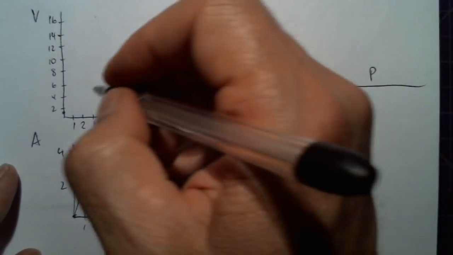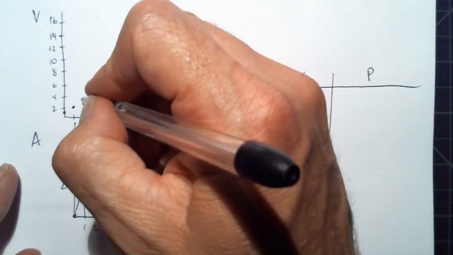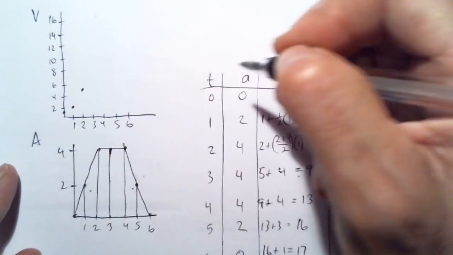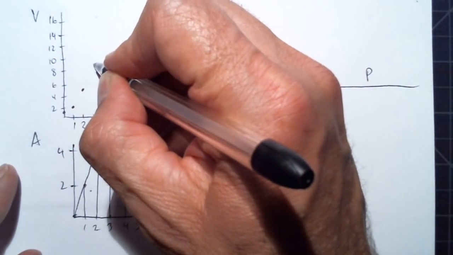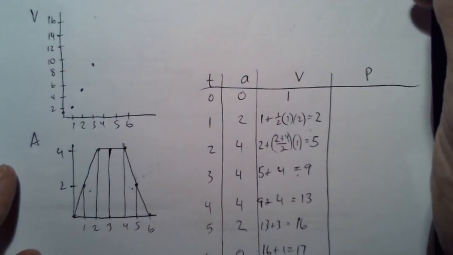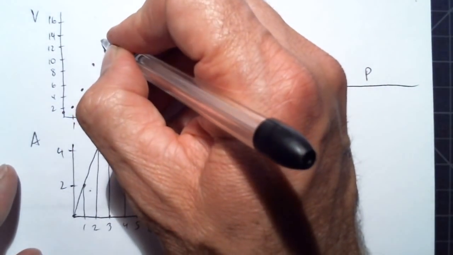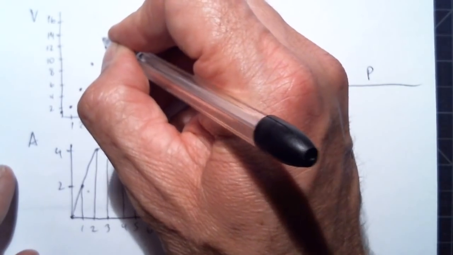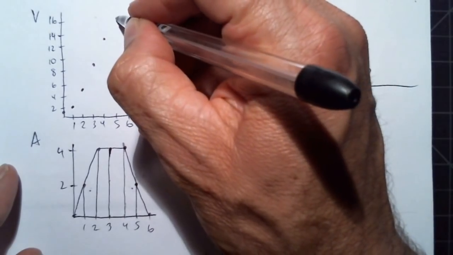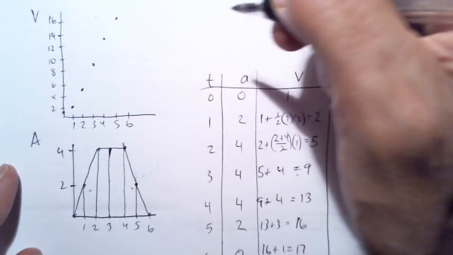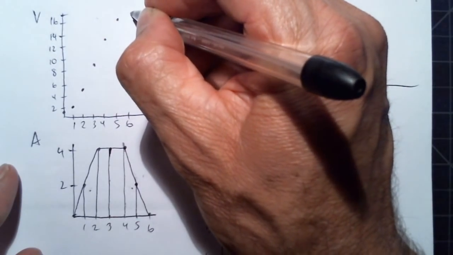And then we'll go 1, 2, 2, 5, 3, 9, 4, 13, 5, 16, and 6, 17.